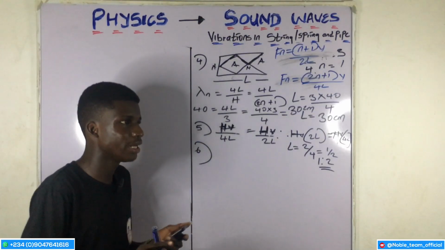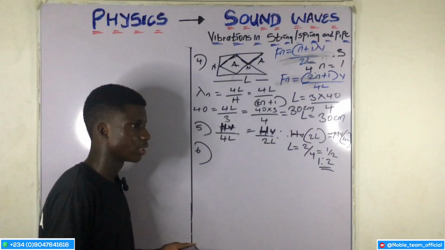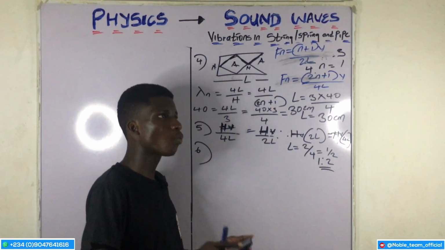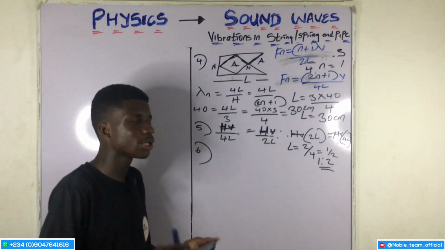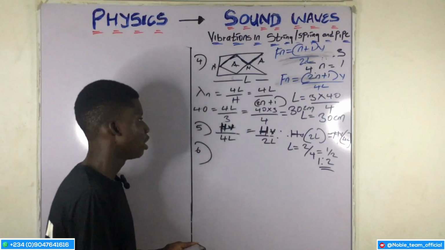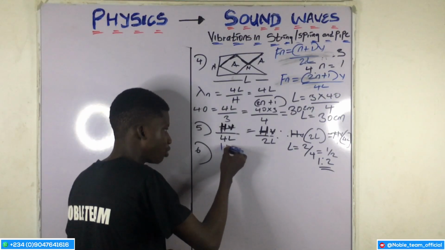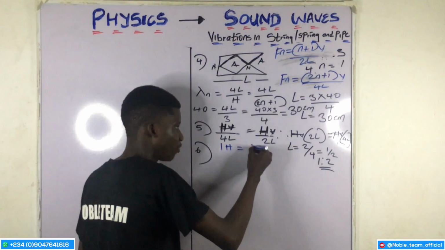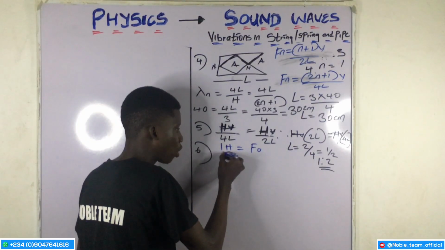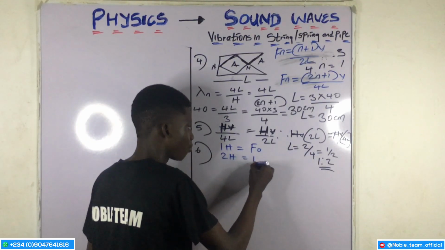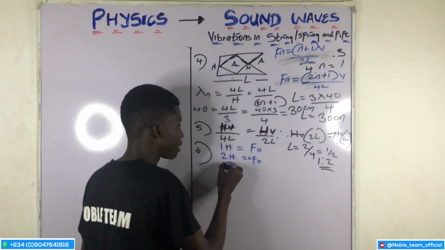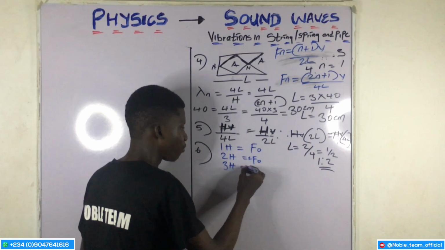When I was explaining harmonics, I said that they are the frequencies that are multiples of the fundamental frequency. So my first harmonic is going to have a frequency of this, my second harmonic a frequency of this, and my third harmonic a frequency of this.